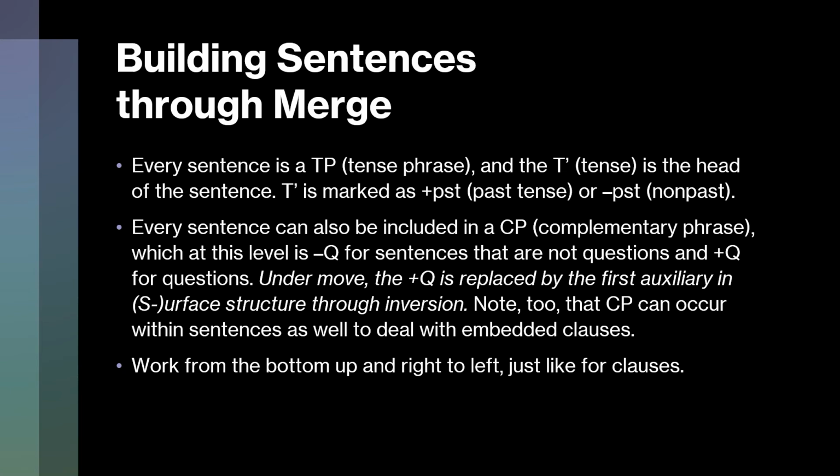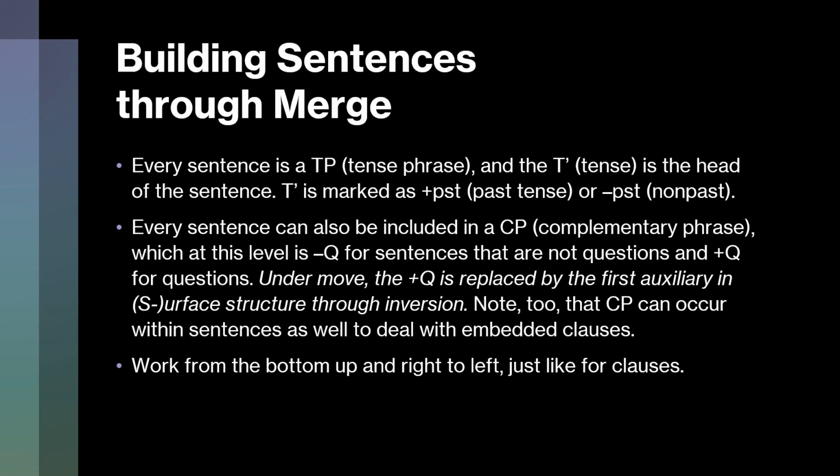Under move, the plus Q is replaced by the first auxiliary in the surface structure through inversion, but we'll talk about that in the next lecture, right? So note too that CP can occur within sentences as well to deal with embedded clauses. Okay, so clause phrases, right? A sentence is a clause in itself, but those complementary phrases can also be clauses within the sentence.